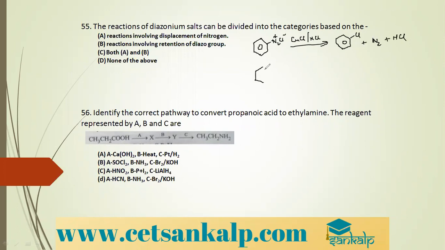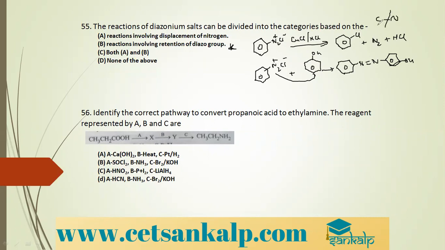And if you take a benzene diazonium chloride, N2 plus Cl minus, and treat it with phenol, at para position the reaction occurs and we get N double bond N, a diazo compound, which is also called an azo dye, correct? If you look at these two reactions, the carbon nitrogen bond has broken.